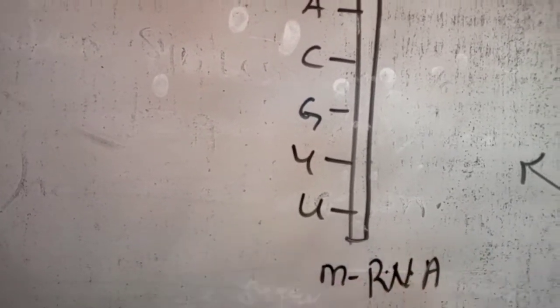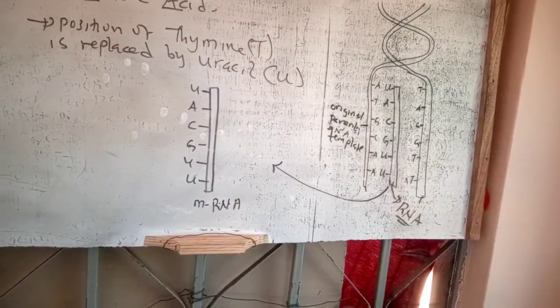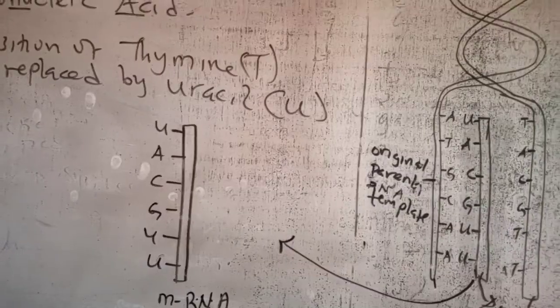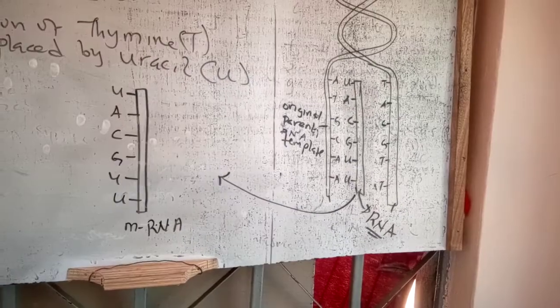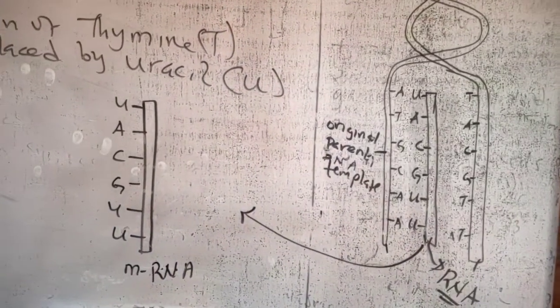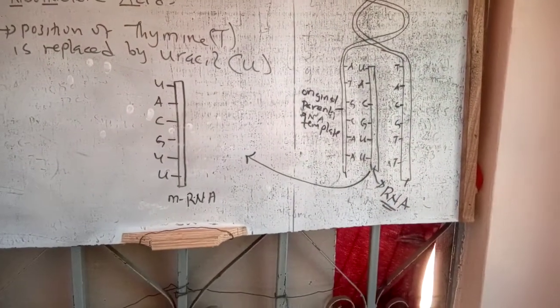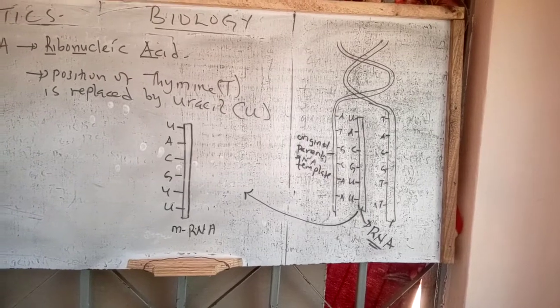Why is it called mRNA? Because it acts like a messenger, whereby it will take the information from the DNA in the nucleus, and it will go to the ribosome, where the process of protein synthesis takes place.